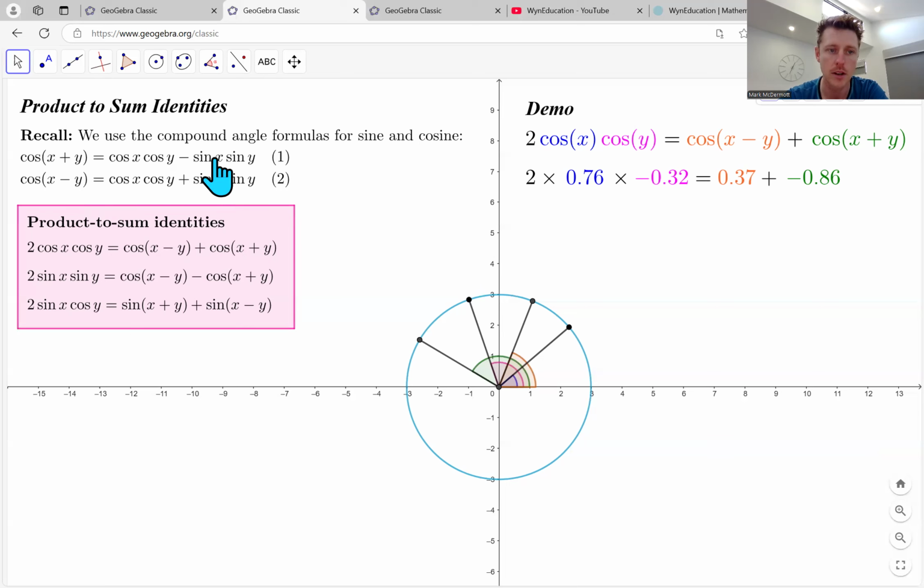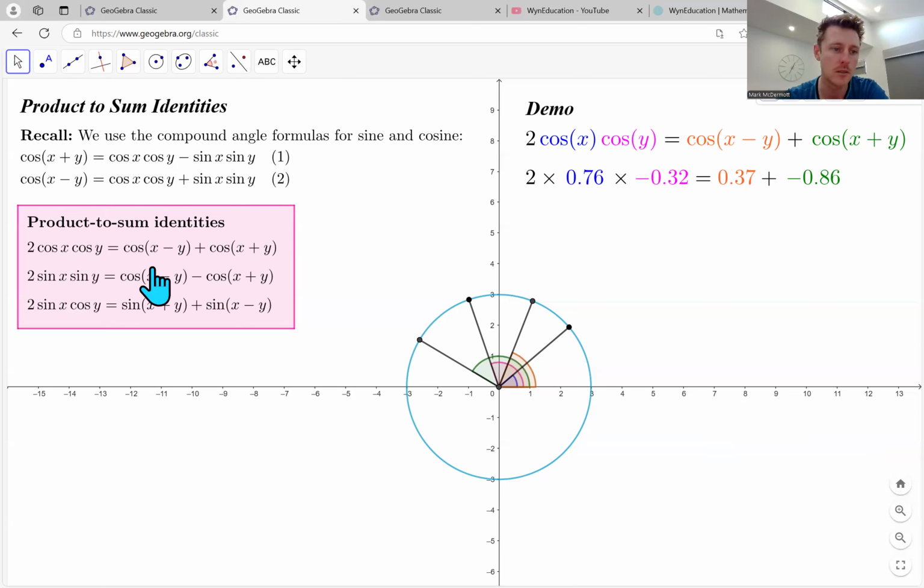And similarly, if we had the right-hand sides now, cos x multiplied by cos y minus sine x by sine y, and add that to this here, what's going to cancel out is the sine terms, because minus sine x by sine y plus sine x by sine y cancel out. And so we're going to be left with two groups of cos x multiplied by cos y. So 2 cos x cos y equals cos(x minus y) plus cos(x plus y). So that is our first product to sum identity.